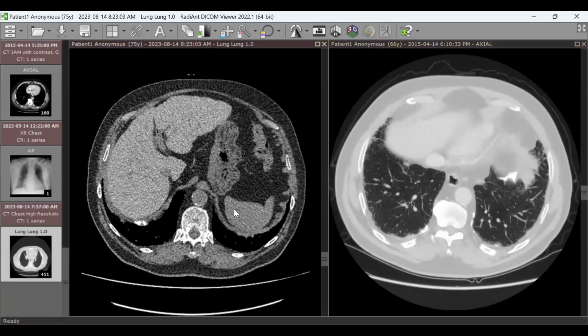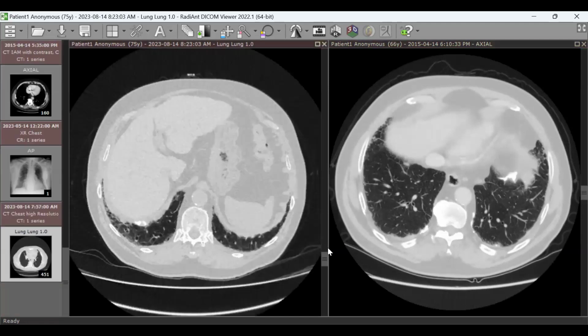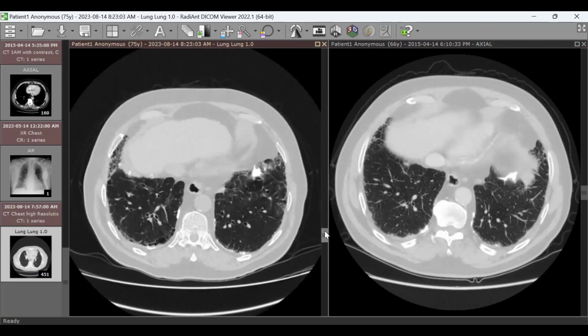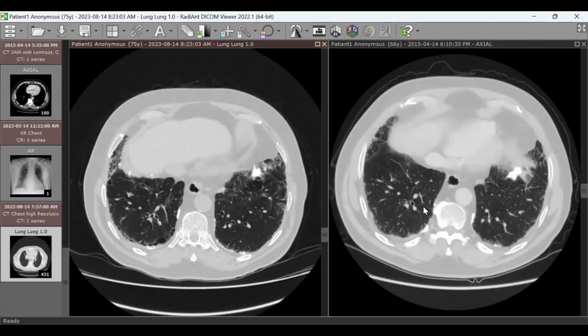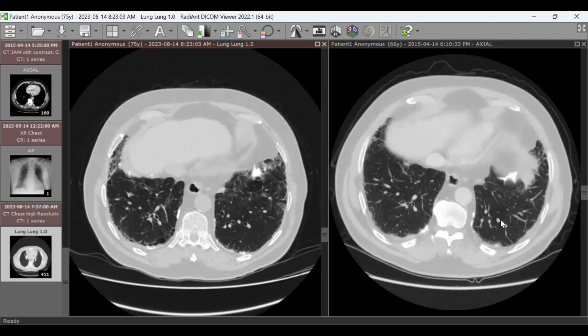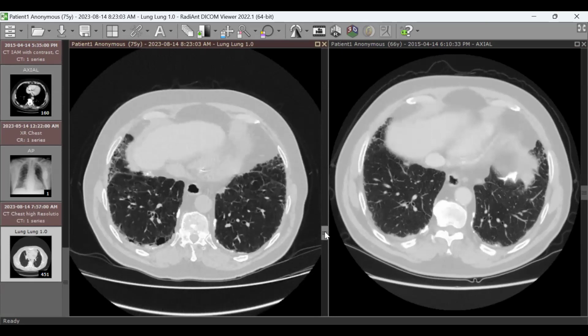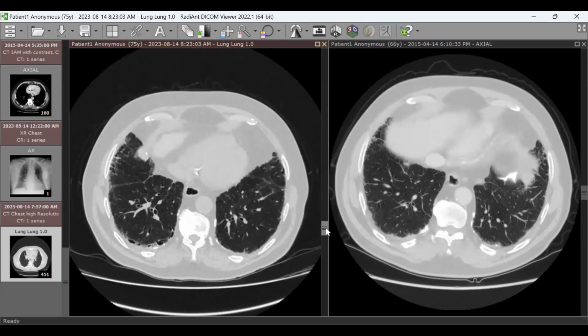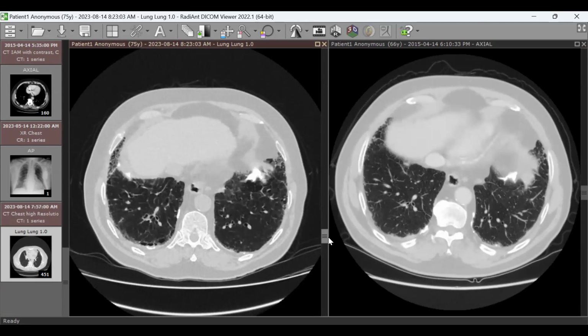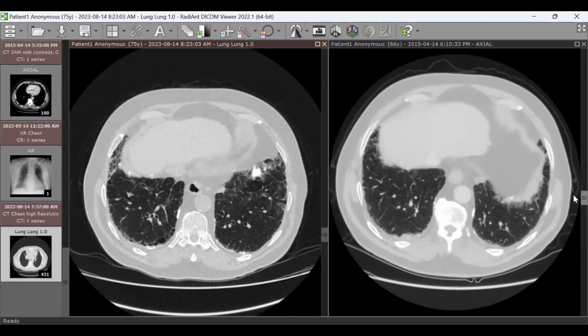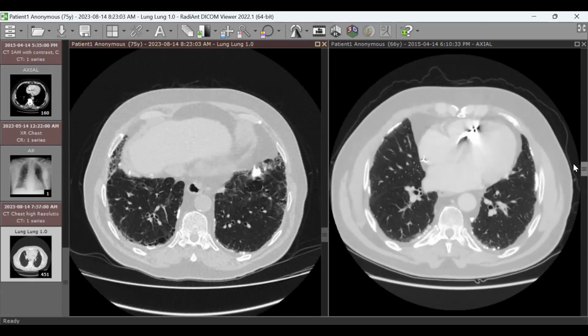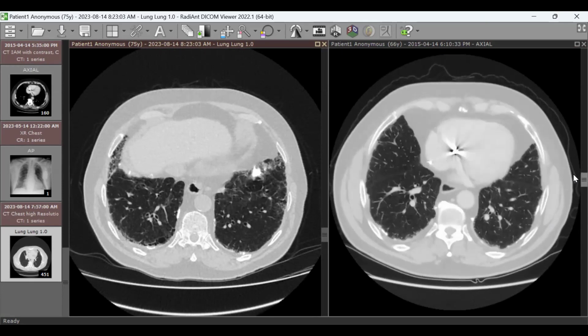Let's compare the appearance of the lungs. So yes, you can see honeycombing more on the right. So there was interstitial lung disease, early features, right? There was some. Now it is more, but there was some suggestion like early honeycombing. There was some reticulation peripherally. That's before amiodarone started.